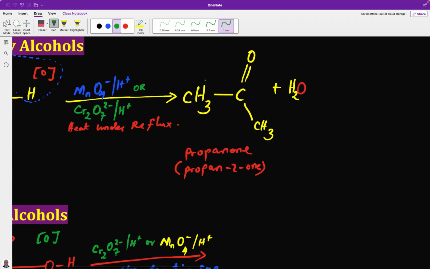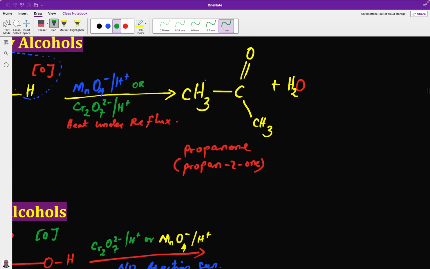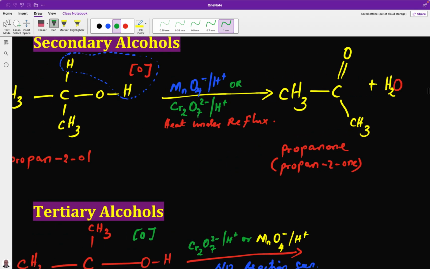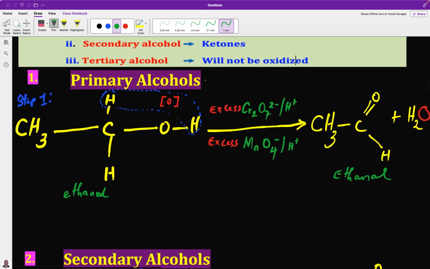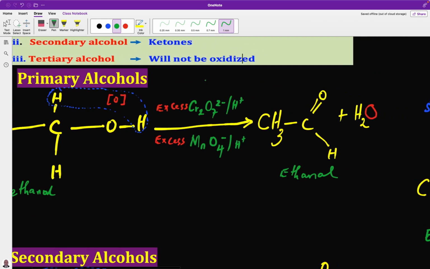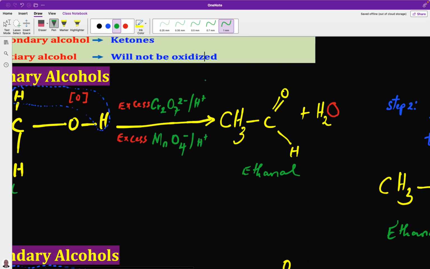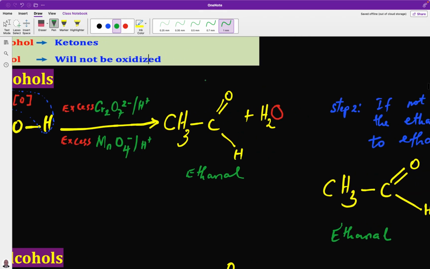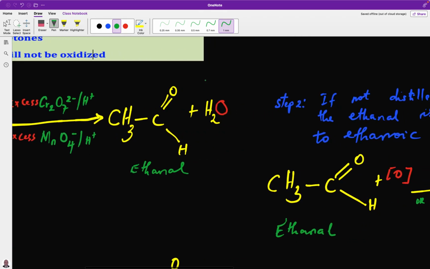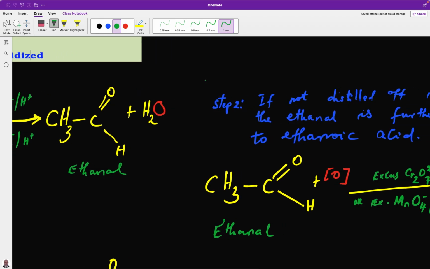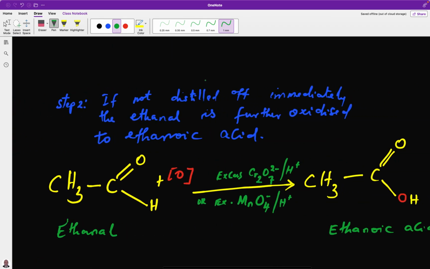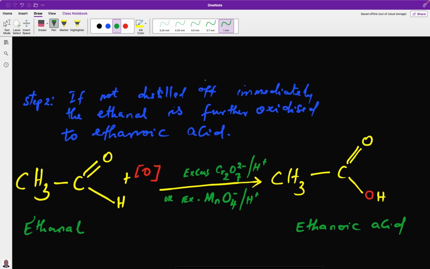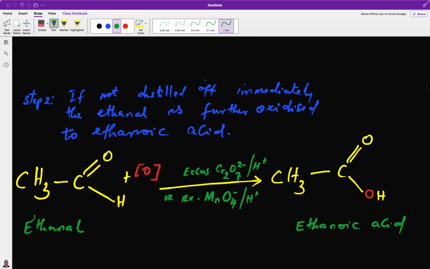We oxidized; for secondary alcohol we had a ketone. For primary alcohol, the same reagent, we had aldehyde, that is ethanal. Ethanol was oxidized to ethanal. Then further oxidation occurred if the ethanal was not distilled off, where ethanal was further oxidized to the corresponding carboxylic acid, which is ethanoic acid.